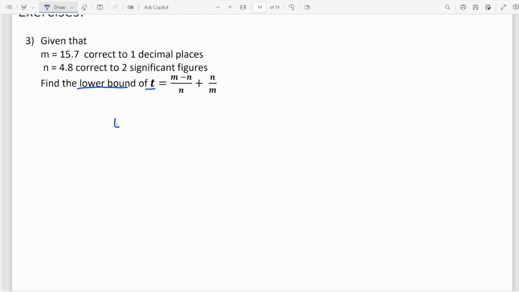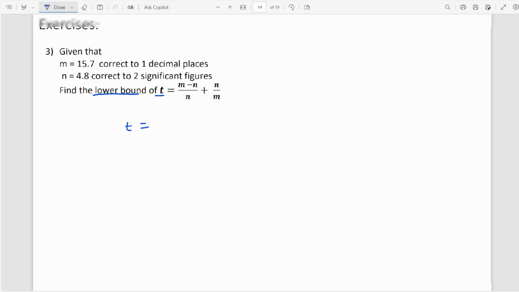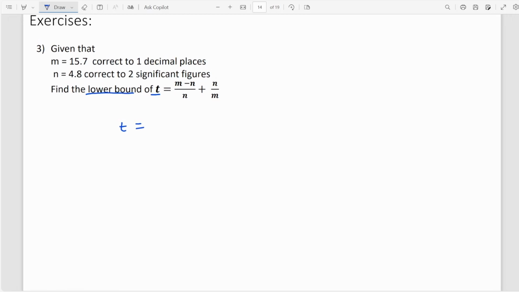Okay, so let's write this down. Just to zoom out. Okay. M minus n over n plus n over m. So we want the lower bound for t.